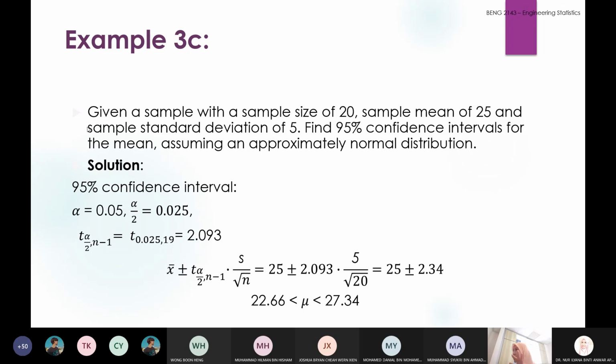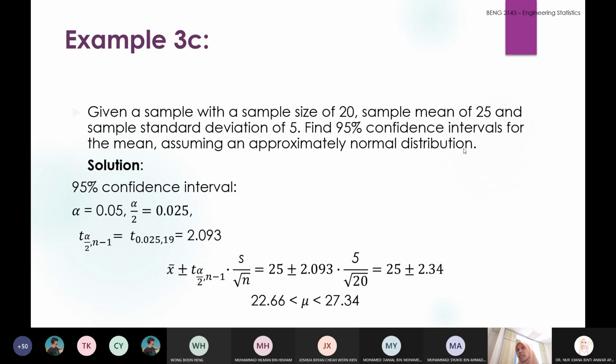From a sample, the sample size is 20, you are given a sample mean of 25 and standard deviation of 5. Now we need to find the 95% confidence interval for the mean, assuming an approximately normal distribution.